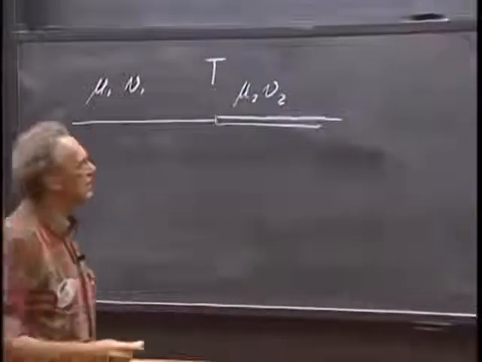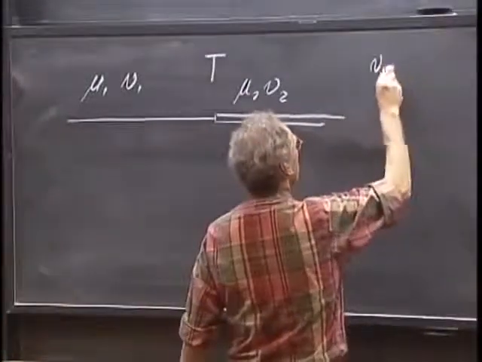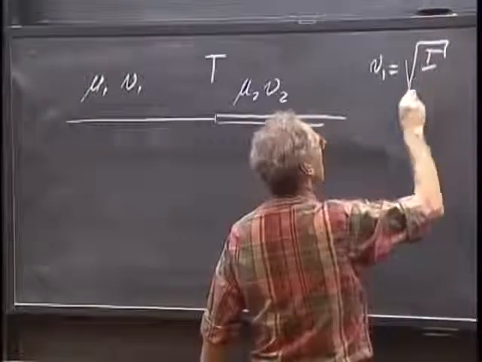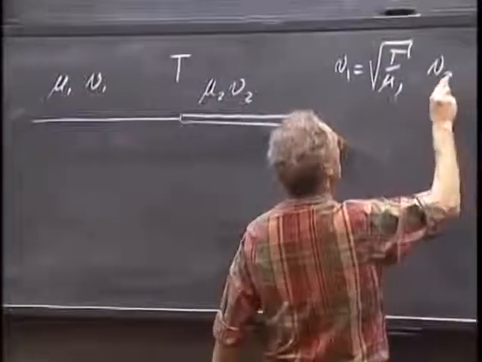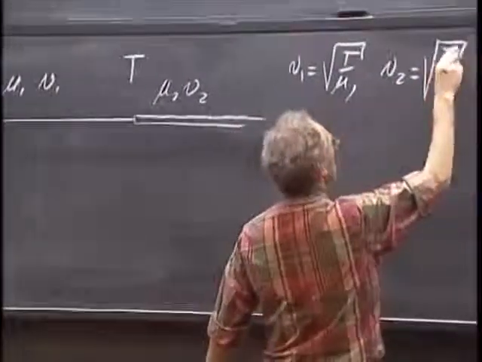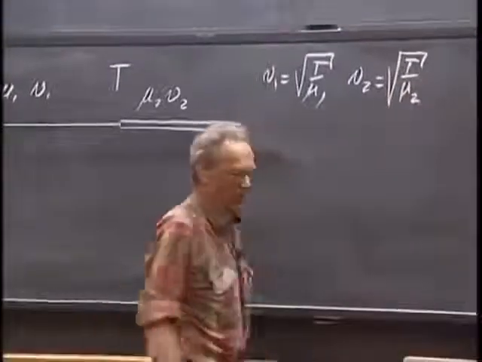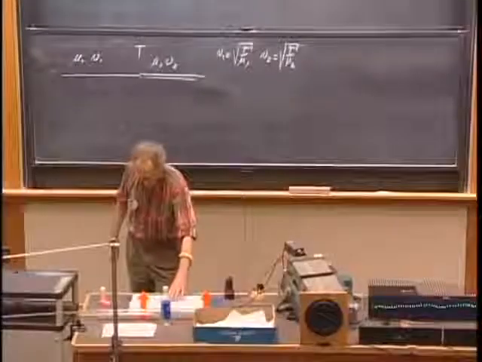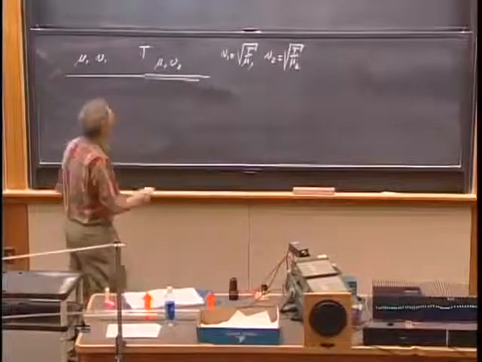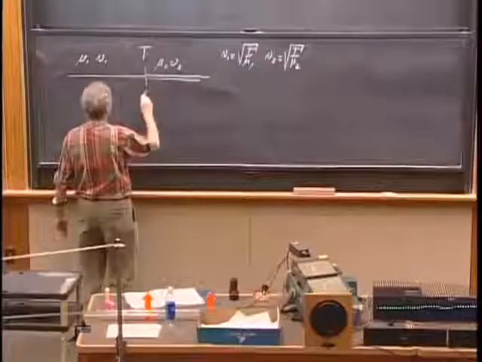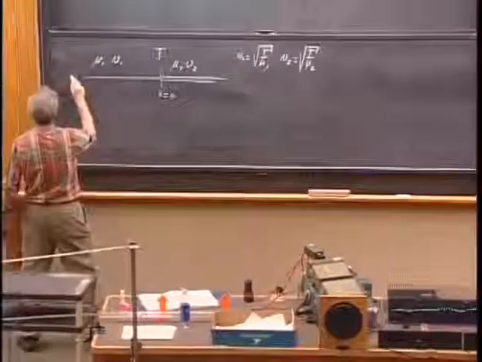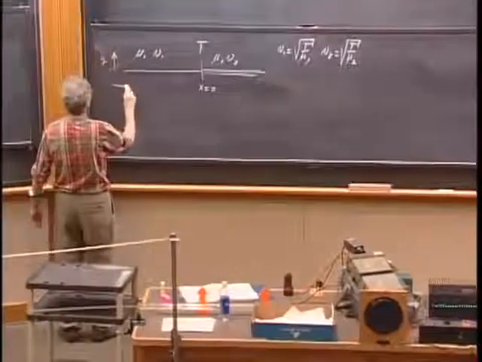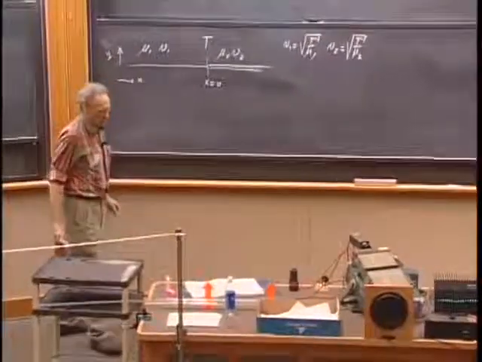So v1 is the square root of T divided by mu1, and v2 is the square root of T divided by mu2. I will call this point here, for simplicity, x equals 0, that is the junction, and this is the y direction, and this is the x direction.